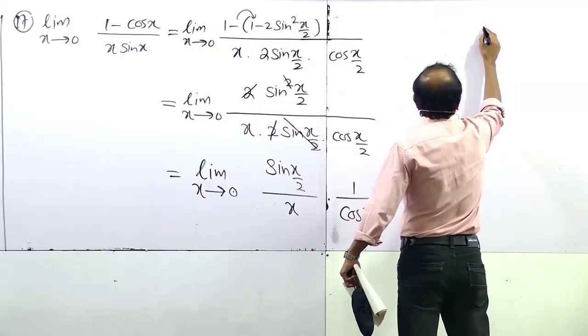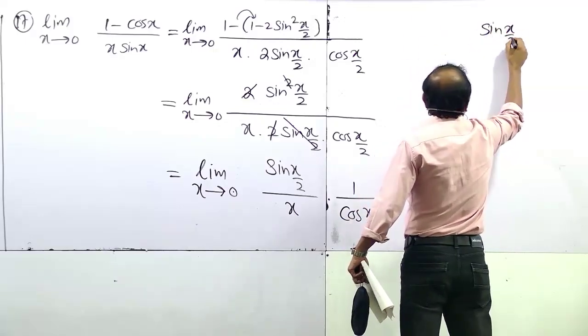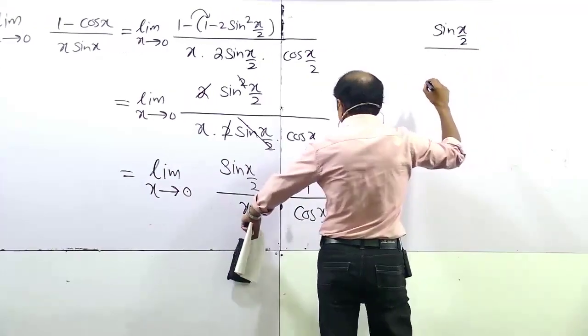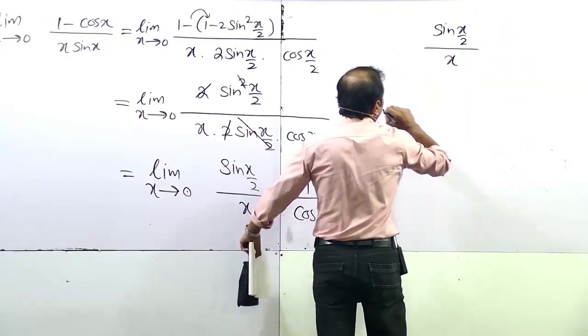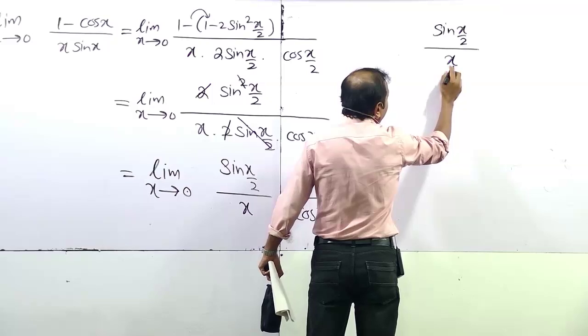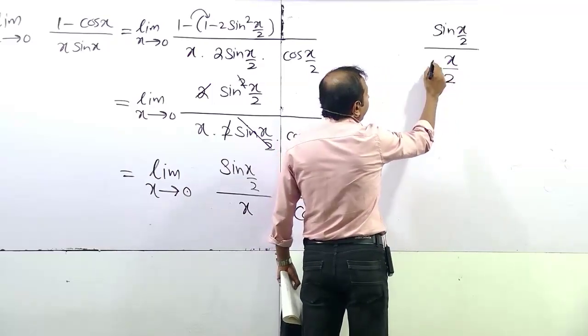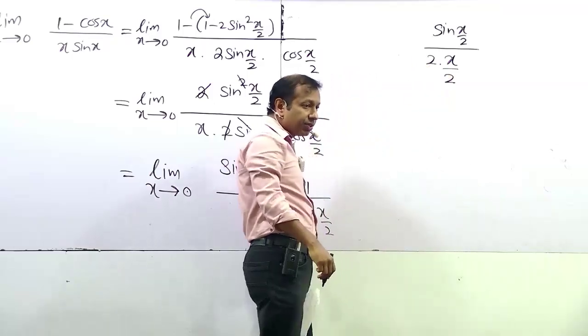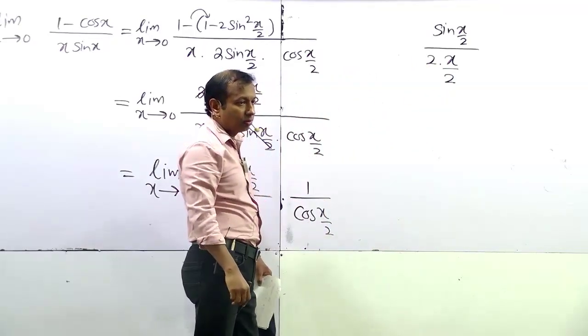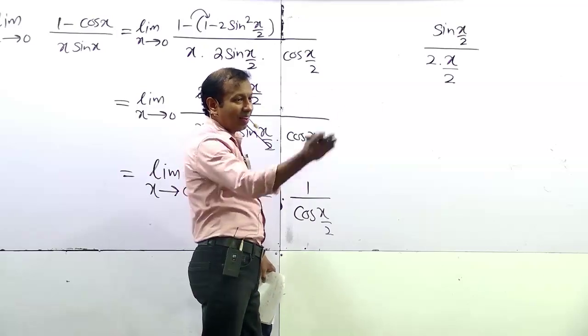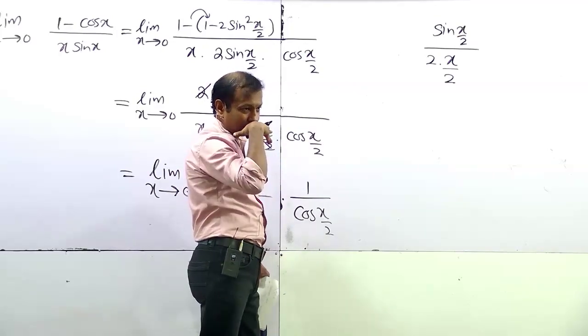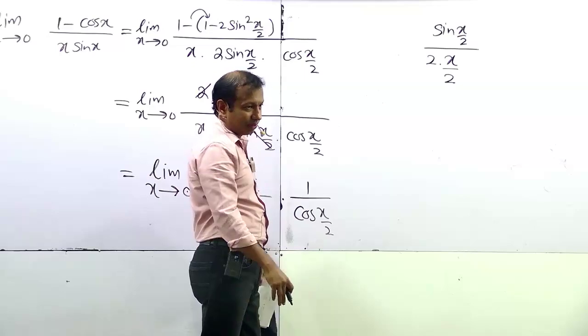So I write sin x by 2 divided by x only here. Now this x I divide by 2, and to cancel down this 2, I write 2 here. Does it change? No. Divide and multiply, not changing.